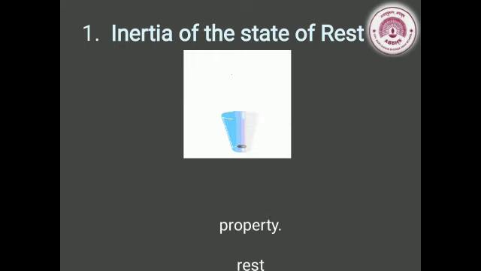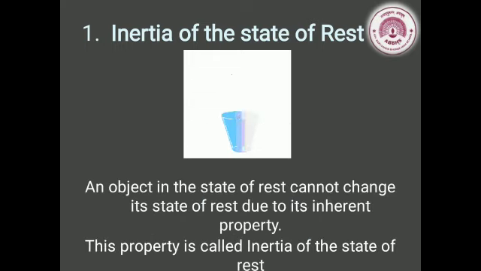So, let's define inertia of the state of rest. An object in the state of rest cannot change its state of rest due to its inherent property. This property is called inertia of the state of rest.